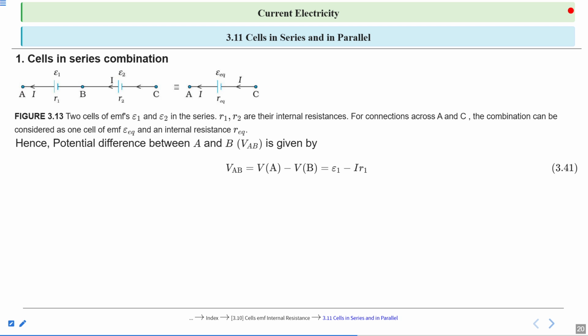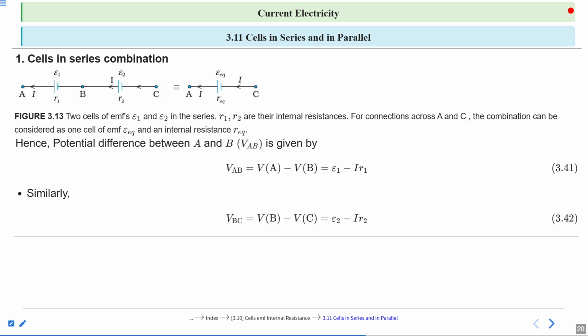Mark it as equation 3.41. Similarly, for the second cell connected between points B and C, the potential difference VBC is VB minus VC, which is equal to epsilon 2 minus IR2. Mark it as equation 3.42.